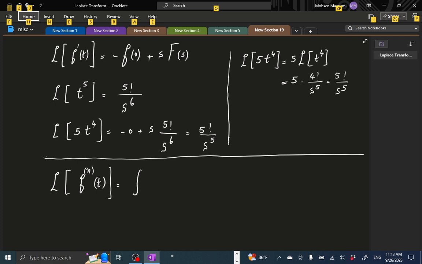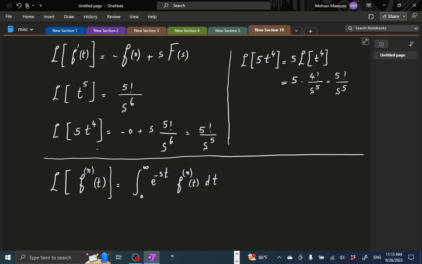So as usual, we start with the integral from 0 to infinity, our kernel, the function we are after, dt. And then we are going to use the same strategy as before, do integration by parts, and handle this thing one step at a time.